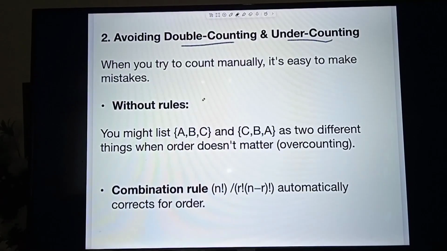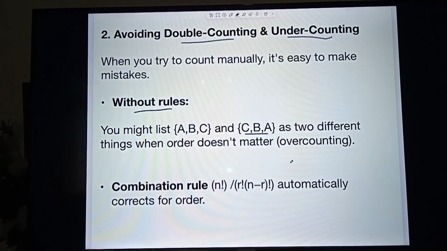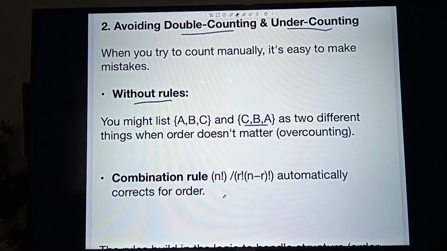Without rules, we might list A, B, C and C, B, A as two different things when order doesn't matter. So this is overcounting. The combination rule automatically corrects for order.